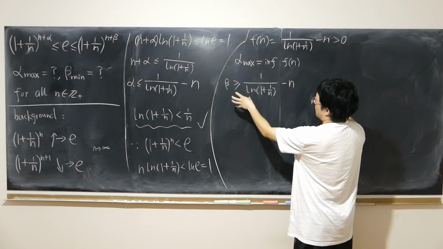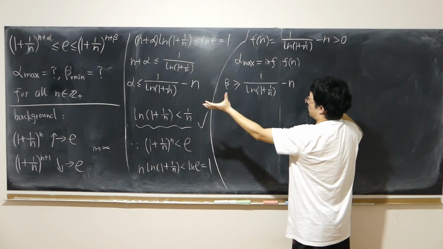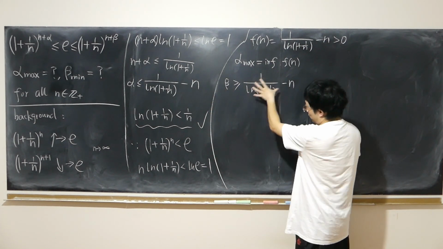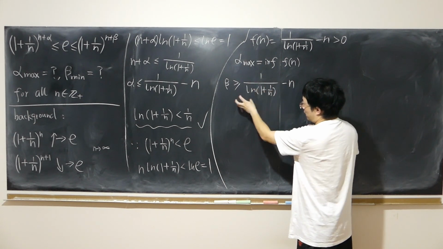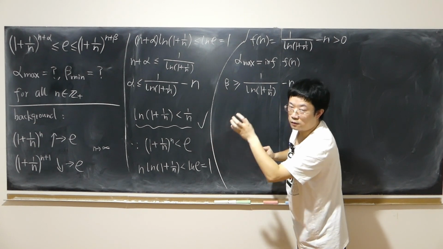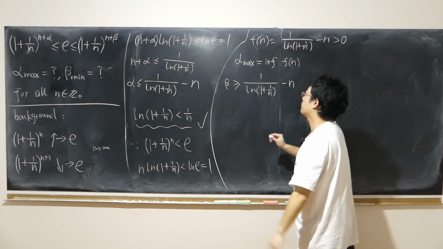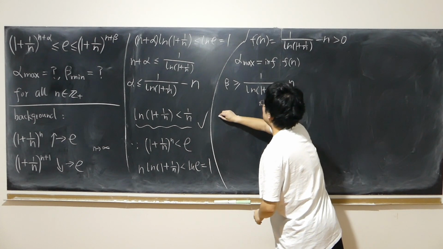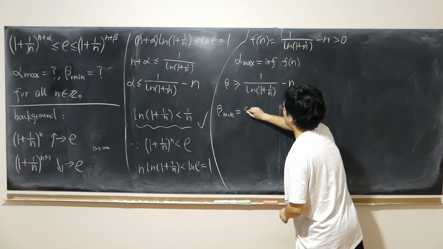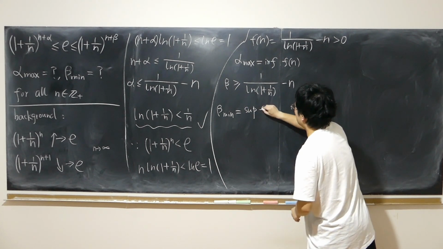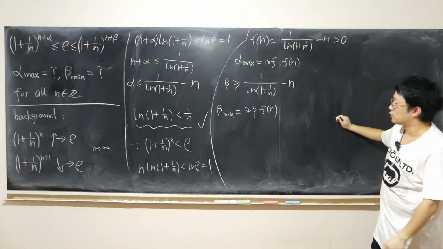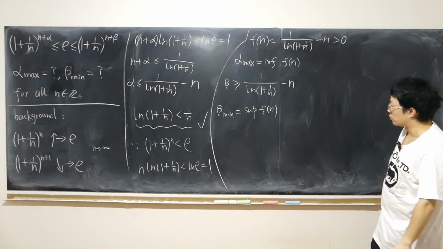So beta may take many possible values. Each value is an upper bound. Many upper bounds for this guy. So is there a least upper bound, in other words, the supremum? So beta minimum is in fact the supremum of f of n, where n takes all possible positive integers. Find out its supremum.